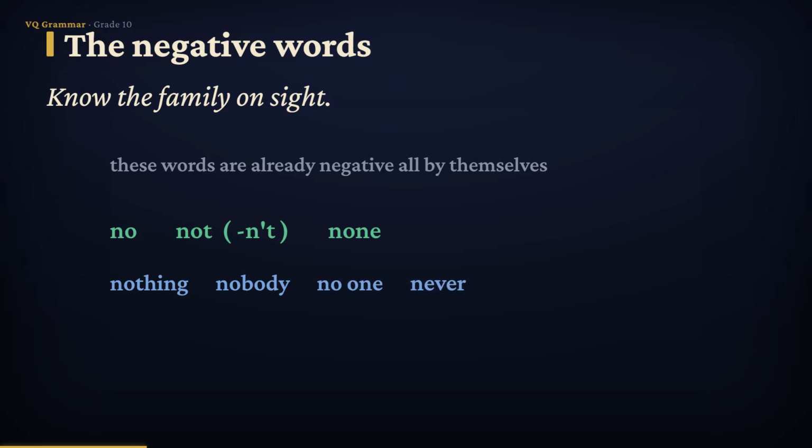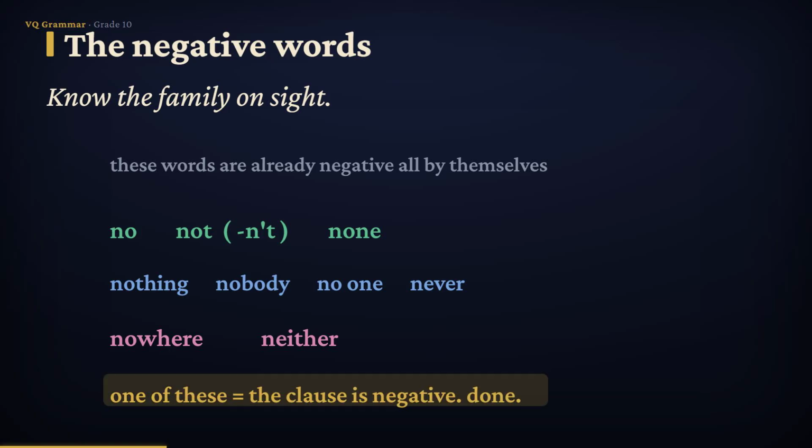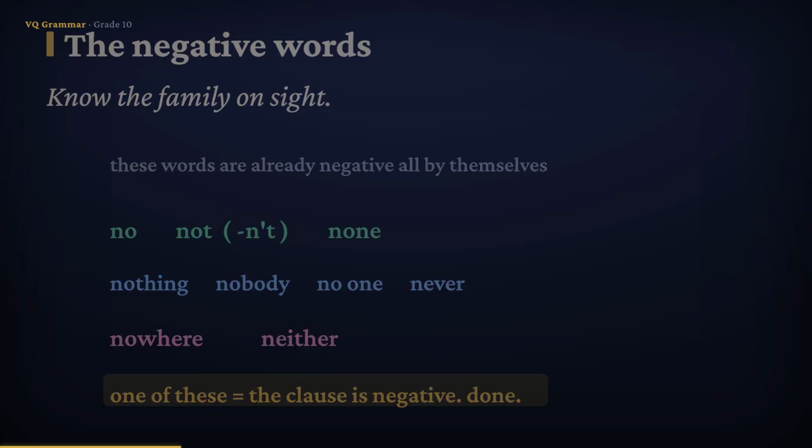Next, nothing, nobody, no one, and never. And finally, nowhere and neither. Every single word on that list carries a negative charge on its own. So the moment one of them lands in your clause, the job is finished. The clause is already negative. Reaching for a second word from this list is exactly what builds a double negative.